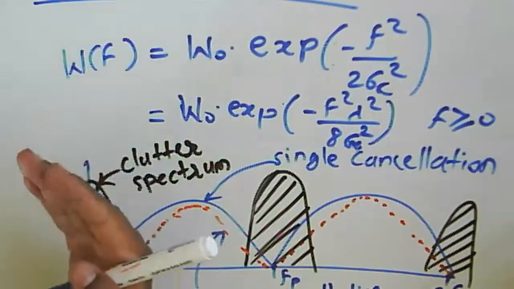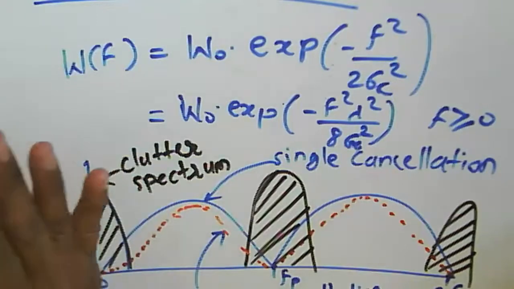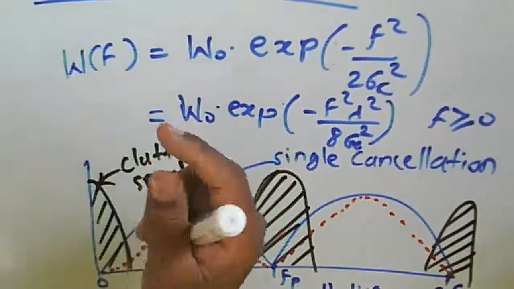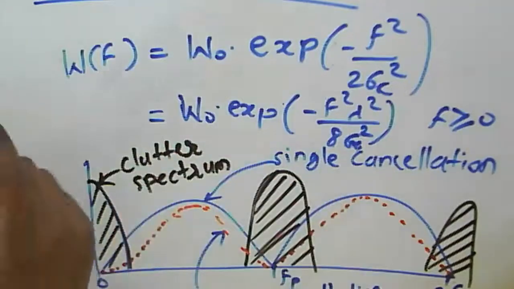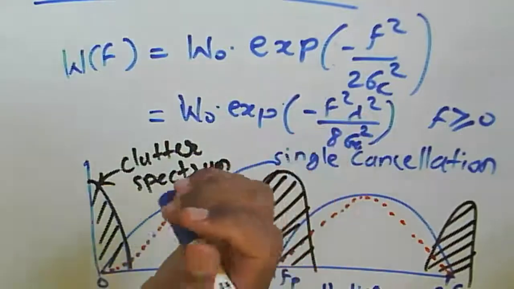Only stationary clutters will be removed, and some clutters will not be removed, so they can be displayed on the display device. Our aim is to remove those clutters.